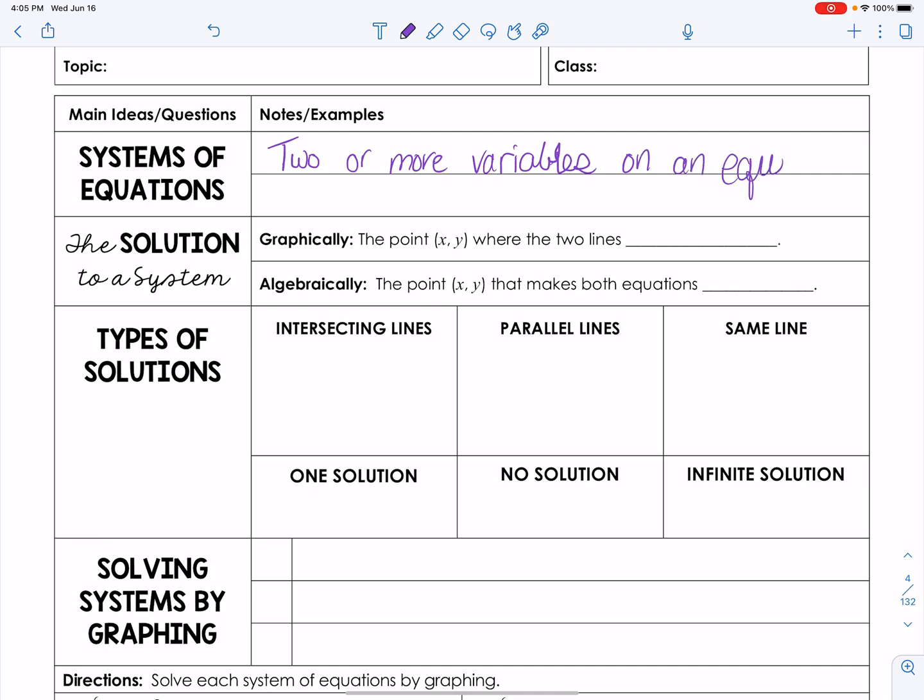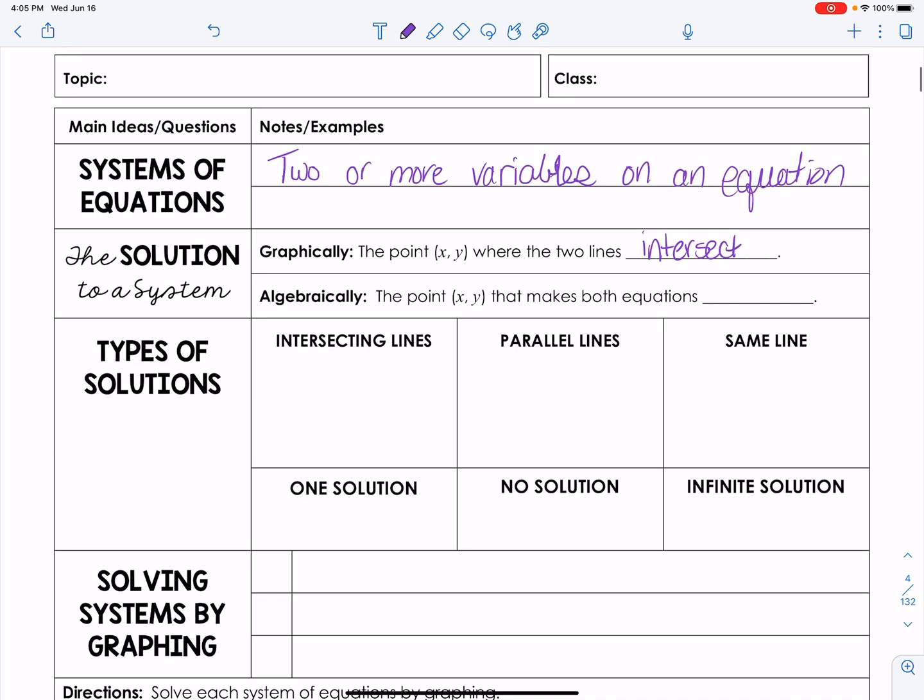In this class, sorry, I thought I spelled it wrong, but I didn't. In this class, we're just going to be working with two, okay? And so graphically, you're looking for where the two lines intersect if we make lines. And algebraically, you're looking for the point that makes both the equations true.